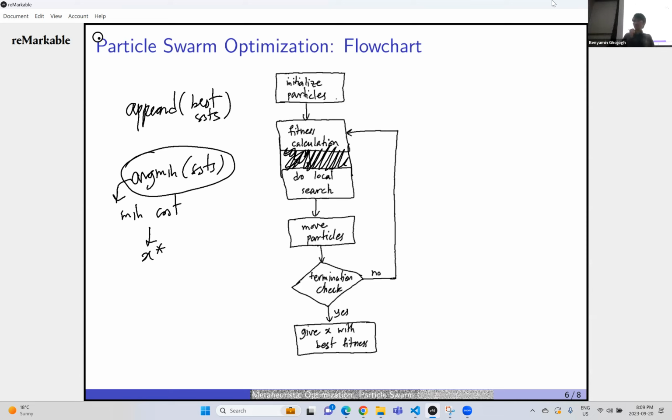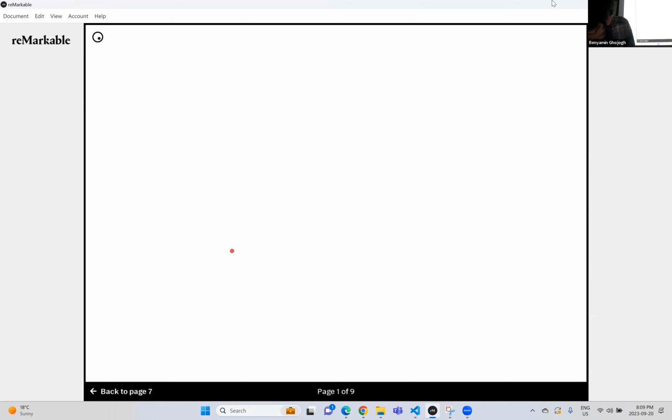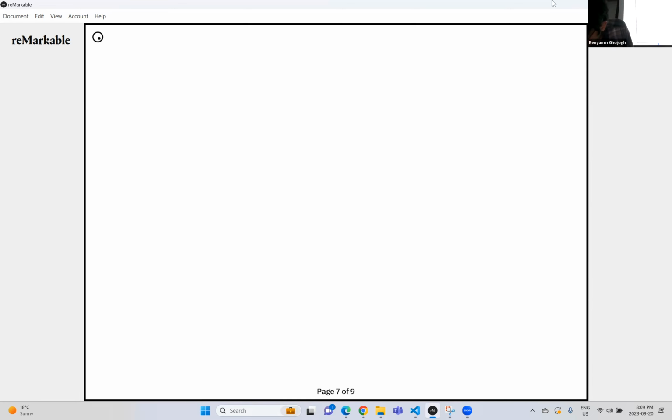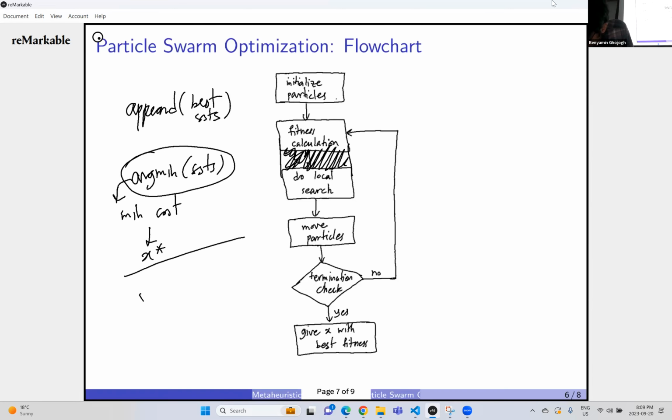Okay, did you understand my last remark? It's better to always compare. If my current cost is better than the best cost so far, then best cost gets updated by my current cost.